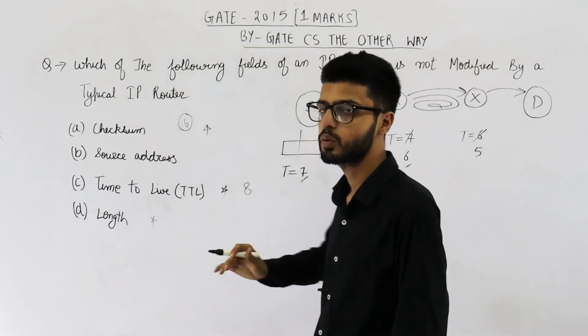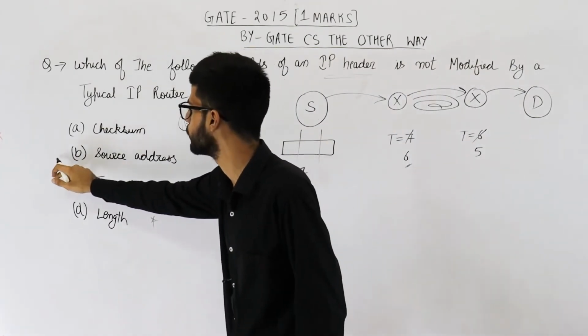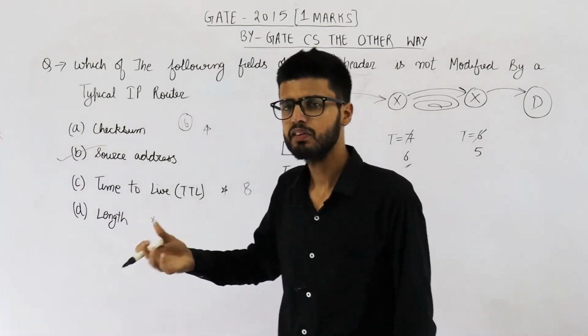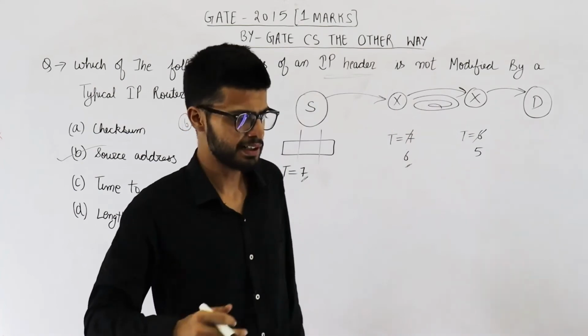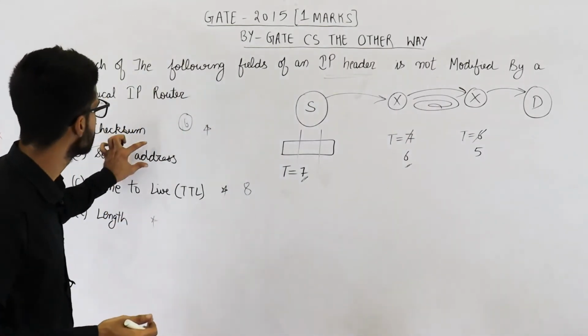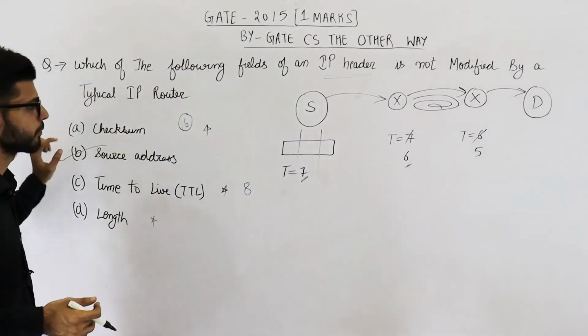The only field that will never change is option B, source address. Why would a router modify the source address from where packet originated? We don't find any valid reason for this. So answer to this question is option B.